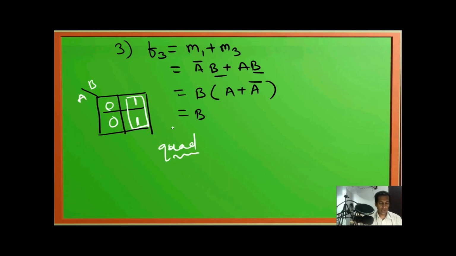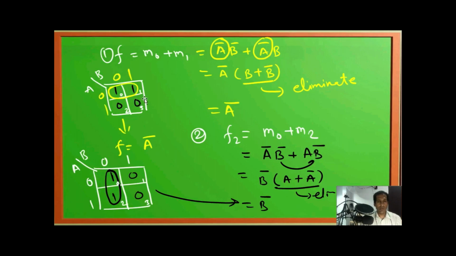Like f1 is read as A bar, because along this square A remains constant as 0.